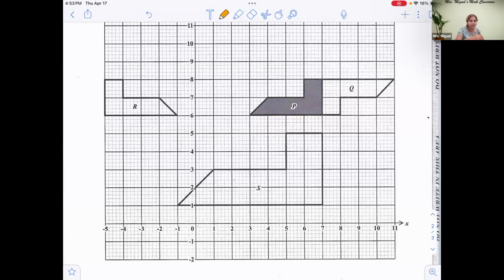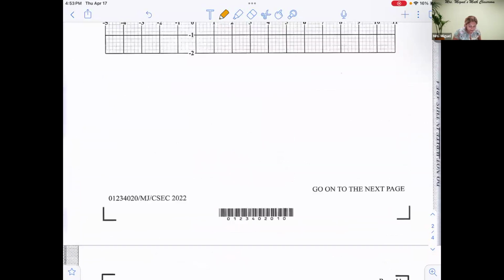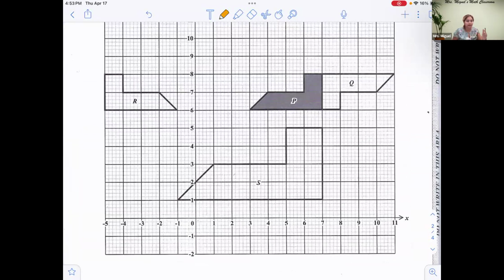So if I have something looking like this, and now it's looking in that direction, that is clearly a rotation. So you're supposed to be able to write something. It is a rotation, right? The second thing you need to write, whether it's clockwise or anti-clockwise. So it's moving in the direction the clock turns.